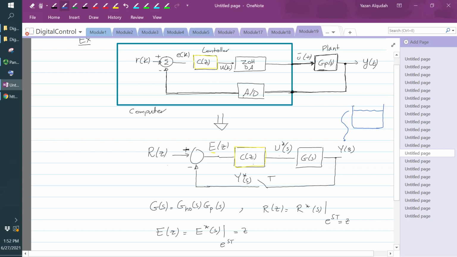If I have a motor here that is responsible for adding the water, the signal applied to that motor is going to be coming from the computer, U star of T. The error between where I want this level to be and what the current level is, this is my error signal.